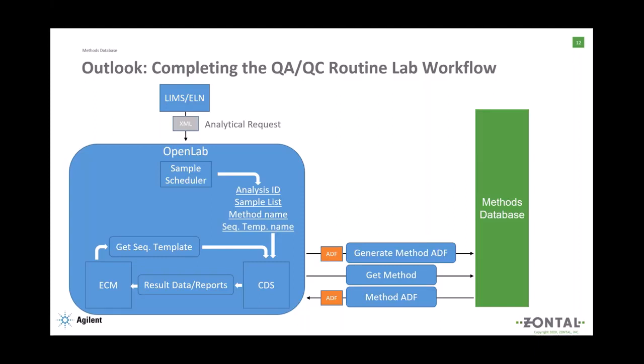And if we now enter the OpenLab space, in this suite we have different products put together as a whole solution. Sample Scheduler is the entrance for this XML. Sample Scheduler can read this analytical request in an automated way, taking up this information pushed from LIMS, ELN, or other instances, and splits it into different categories.